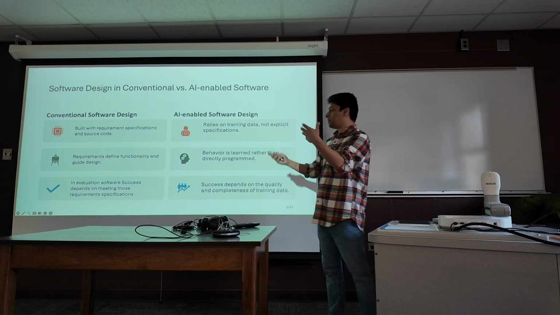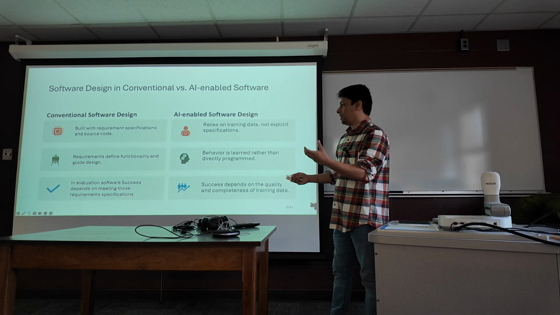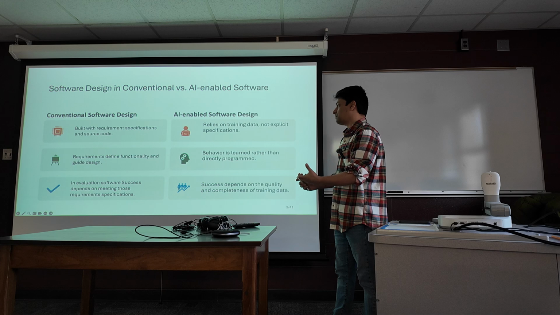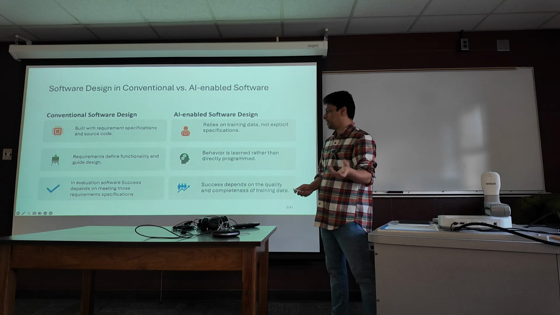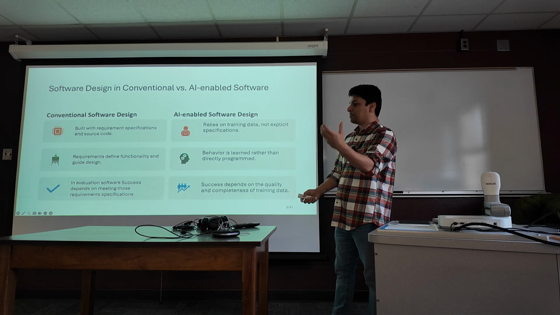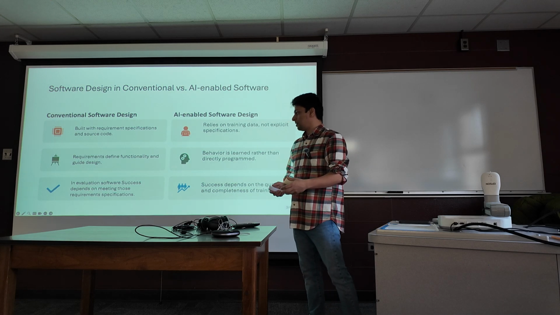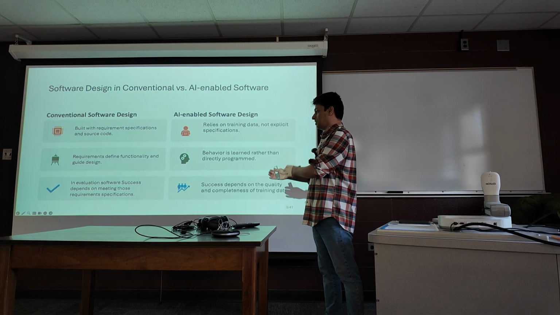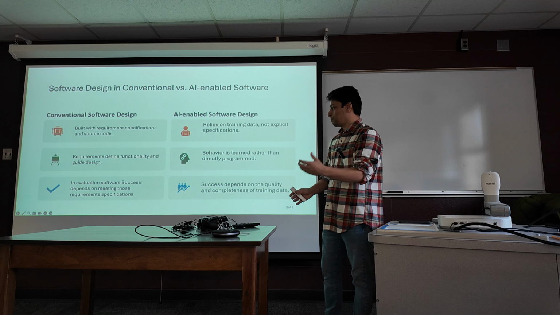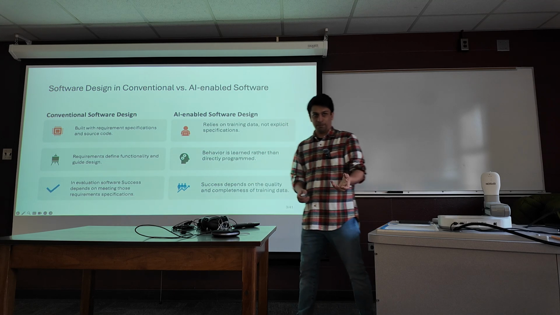We have already defined a requirement specification, which defines the functionality and guides our design. At the end, in the evaluation step, software success depends on how well the code meets the requirement specification.